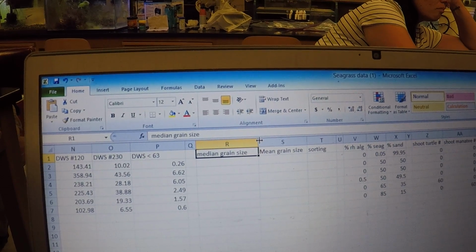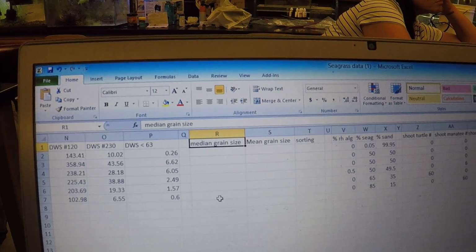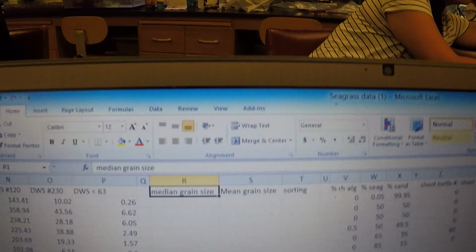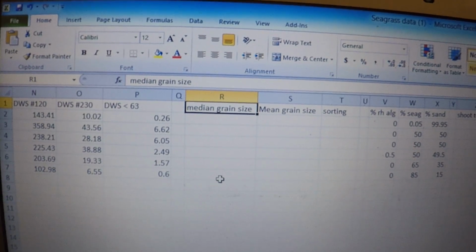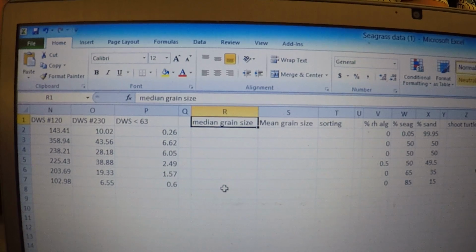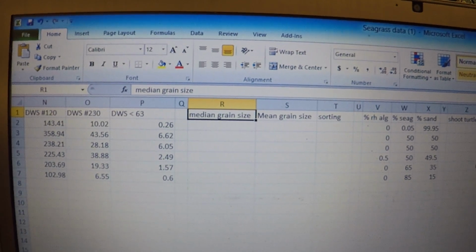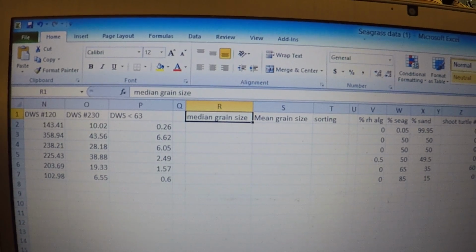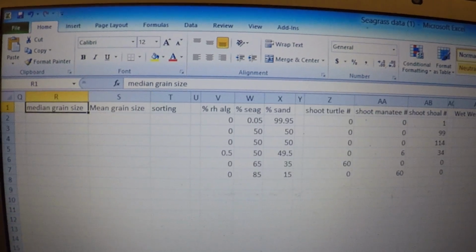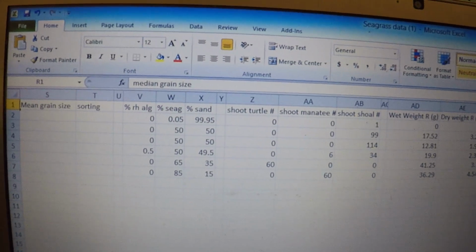A new column. That's right. So now we have, I believe, median, mean, and sorting. Shift cells right. Nice. Okay. So those 3 things we're going to have to calculate by making some graphs.